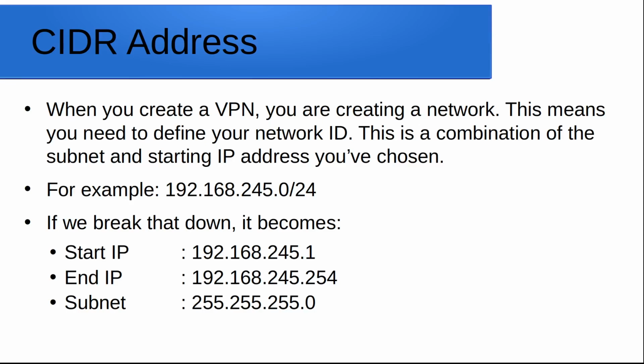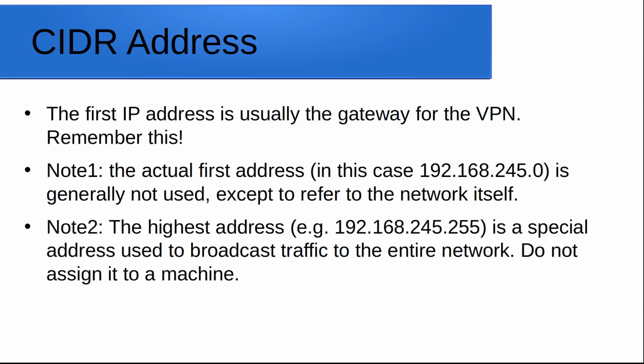But we actually don't have that first one because that very first usable IP is reserved for the default gateway, your virtual NIC that is associated with that network on your CentOS host. So we actually have one less IP.